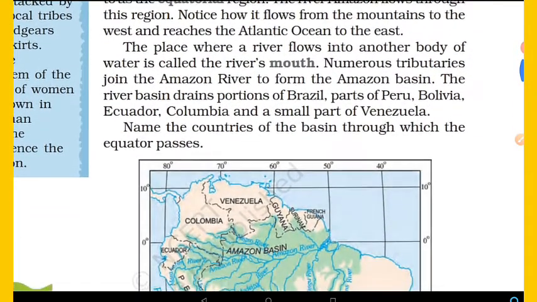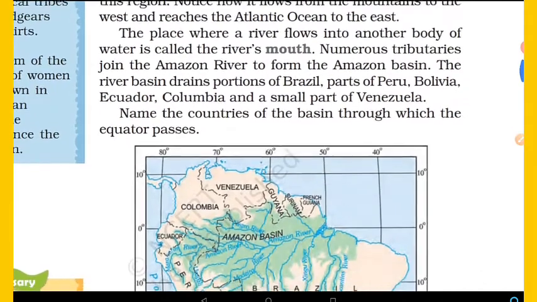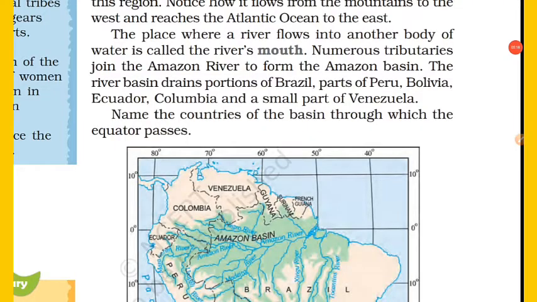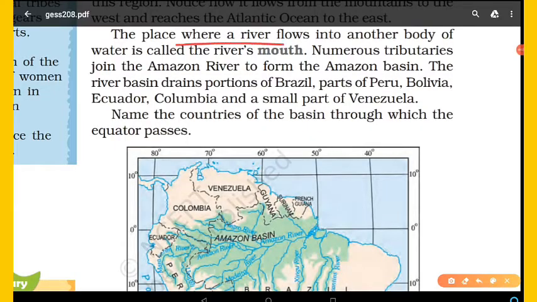Notice how it flows from the mountains to the west and reaches the Atlantic Ocean to the east. The place where a river flows into another body of water is called the river's mouth. What is river's mouth? This is the place where a river flows into another body of water.